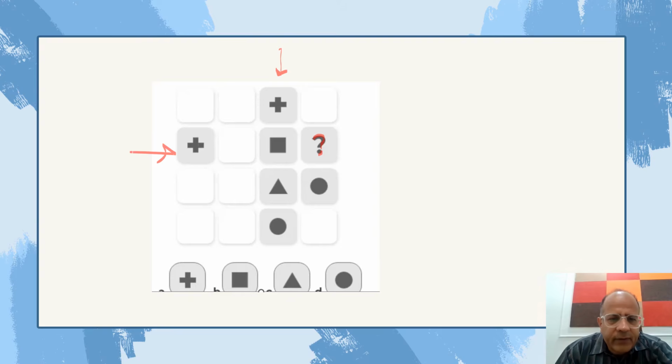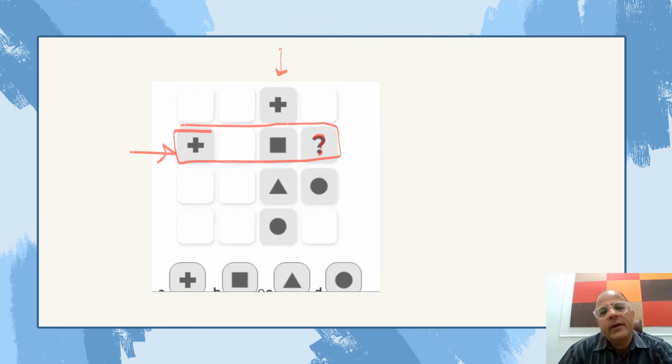There is a circle over here. For the start, this is the row I am interested in, and it already has a plus sign and a square over here. So what can be over here? If I just focus on this row, you would agree there can be a circle or a triangle.